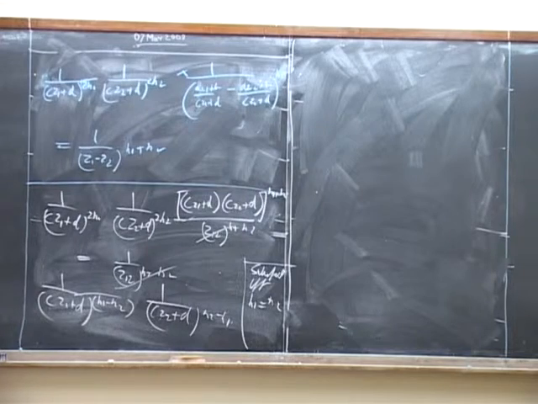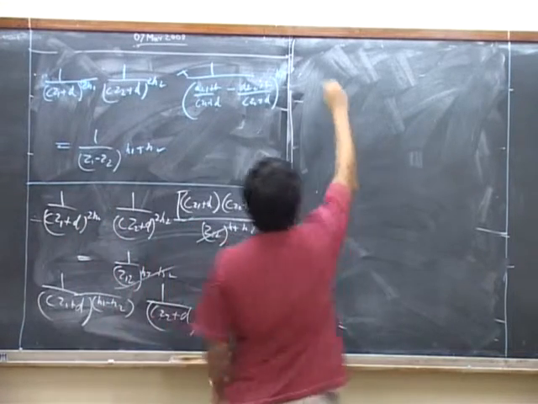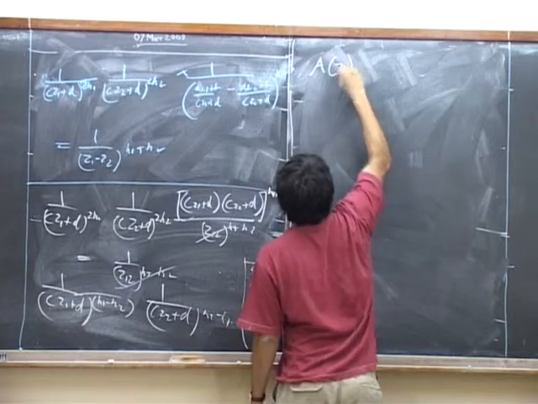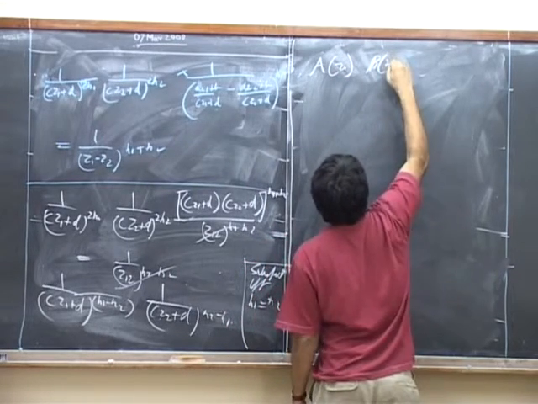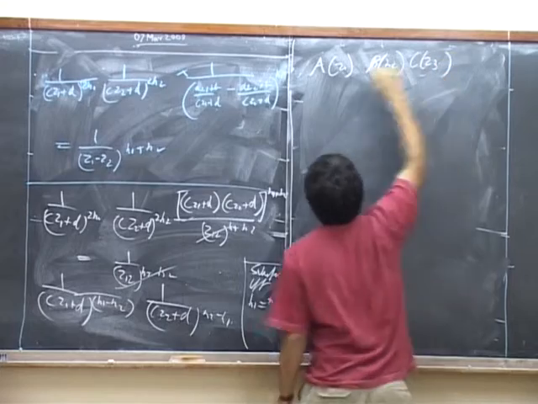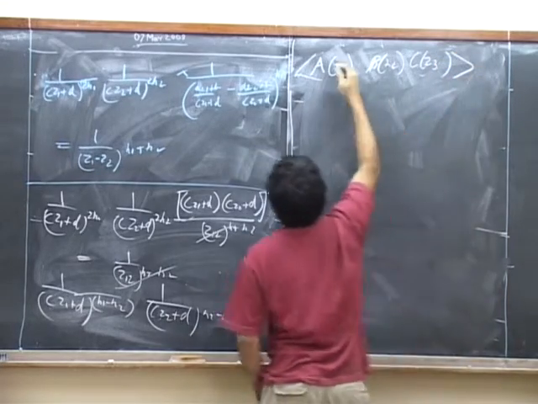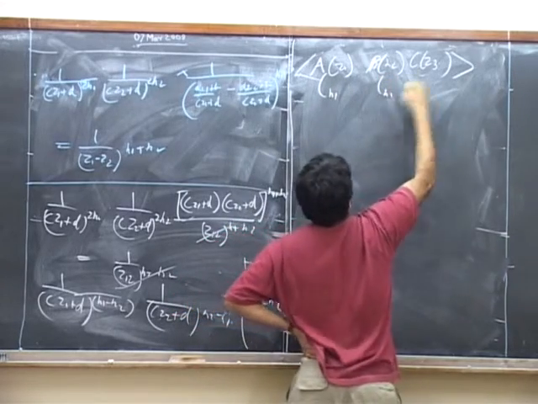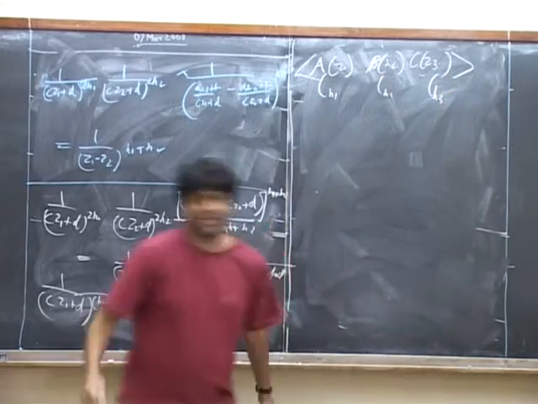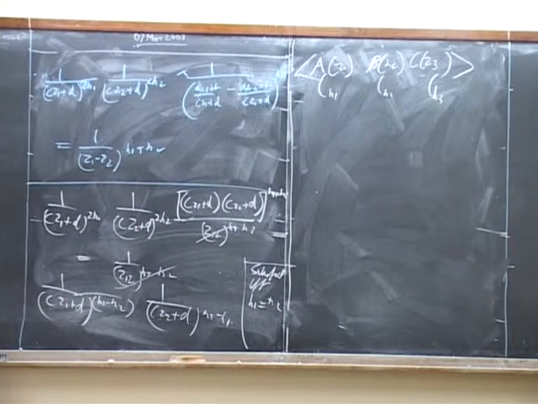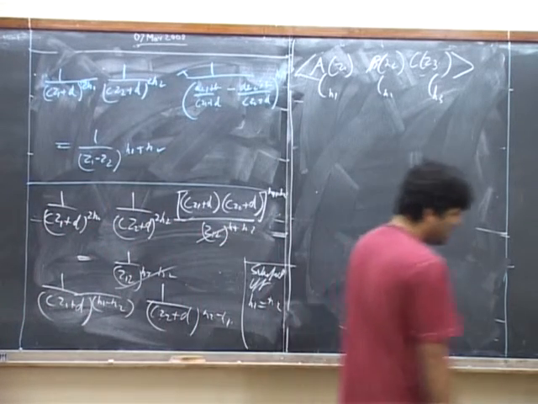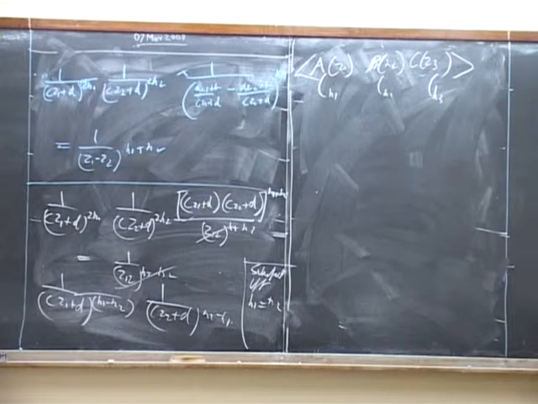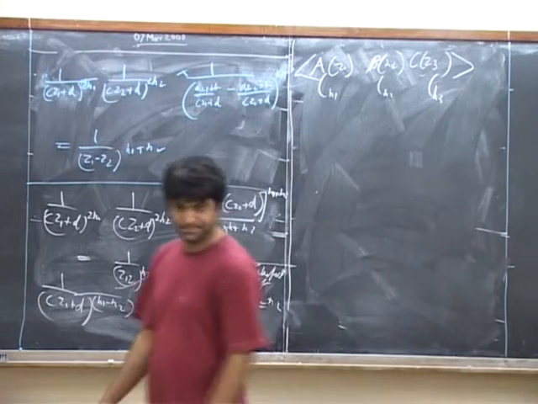Suppose we have a 3-point function between an operator A of Z1, B of Z2, C of Z3, and the weights of these operators are H1, H2, H3, and similarly for the anti-analytic behavior. Question: what can we say about the Z1, Z2, Z3 dependence of this 3-point function?